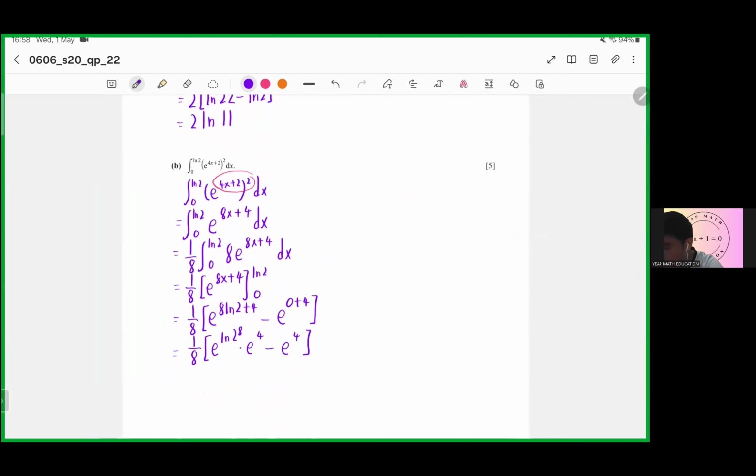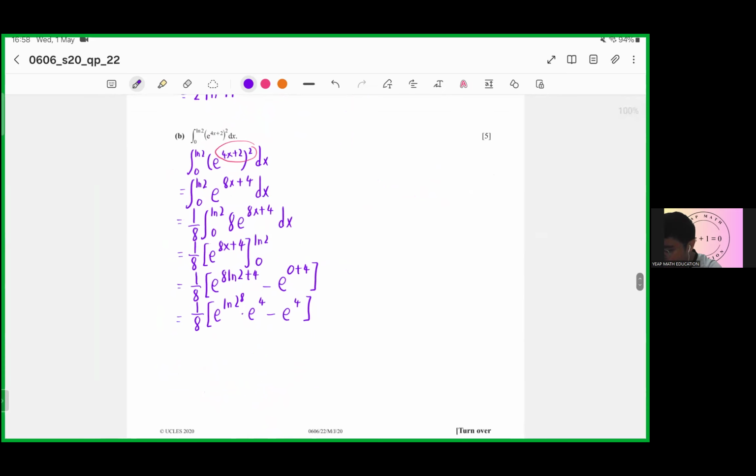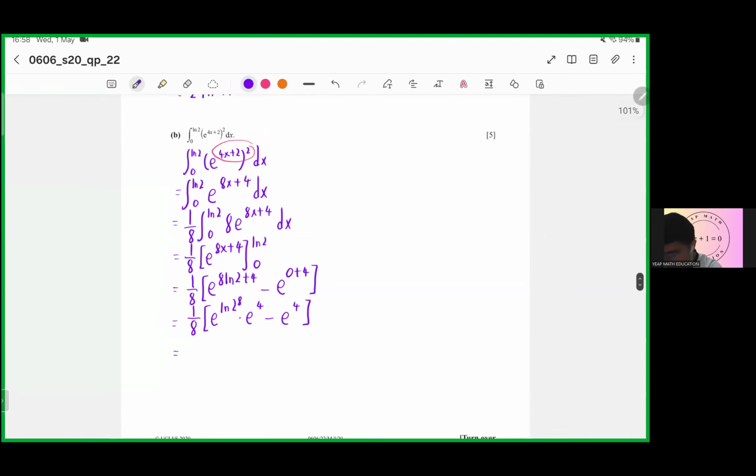Because this question already mentioned you need to give exact values, so 1 over 8 times 256 e4 minus e4. So we get 255 over 8 e4.